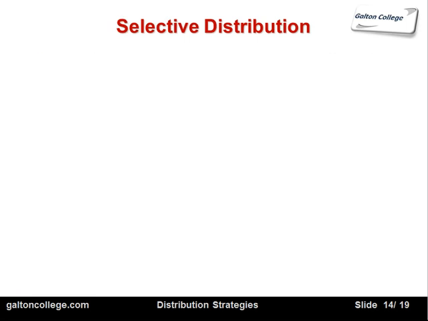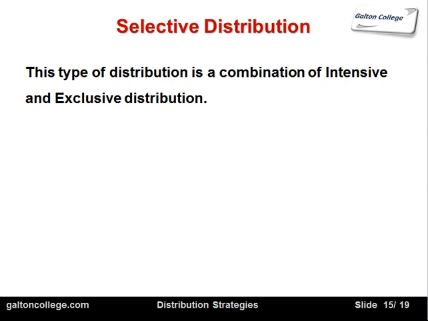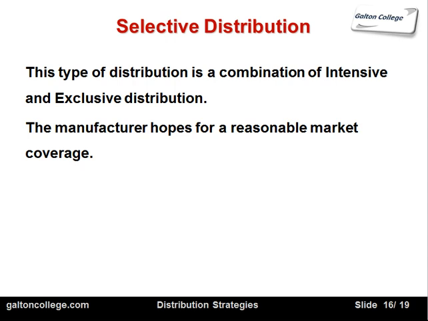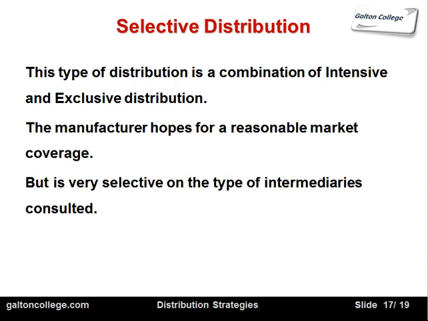Finally, we have selective distribution. This is really a combination of intensive and exclusive distribution. The manufacturer hopes for reasonable market coverage. I know that sounds very vague, but they're hoping for good market coverage, but at the same time a higher price and some element of branding in there.